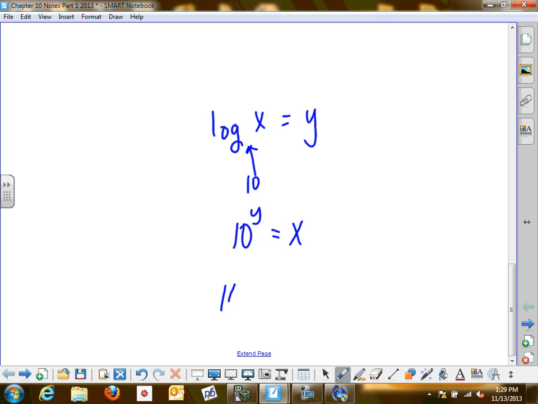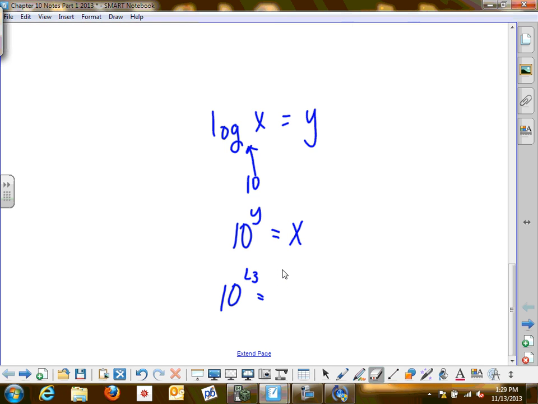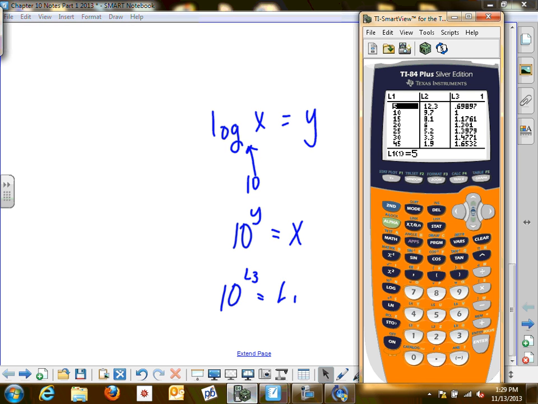We put 10 to the L3 power, and that's what gives you L1. Sorry. Yeah, here's where it comes from. If you're interested, you don't have to totally be focused in on this. So here, watch this. Ignore L2 for right now. Just look at L1 and L3.